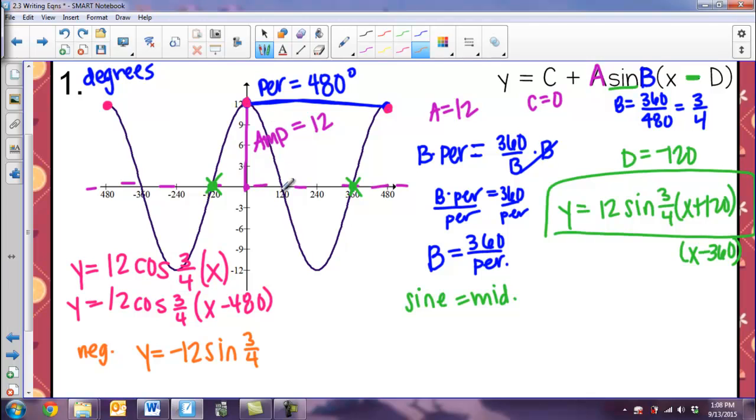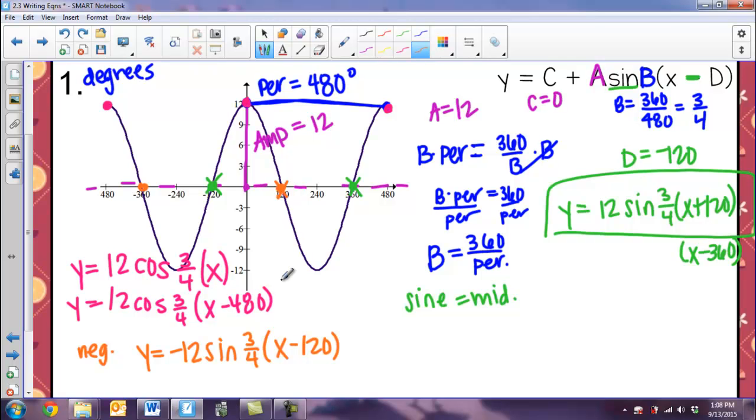Well, if I start at a middle and go down, that would be an appropriate negative sine phase change. So then I could have x minus 120, or maybe x plus 360. So what I want you guys to recognize is that there are lots and lots and lots of correct answers. You can write them as sine graphs, cosine graphs, or negative sine or cosine graphs.